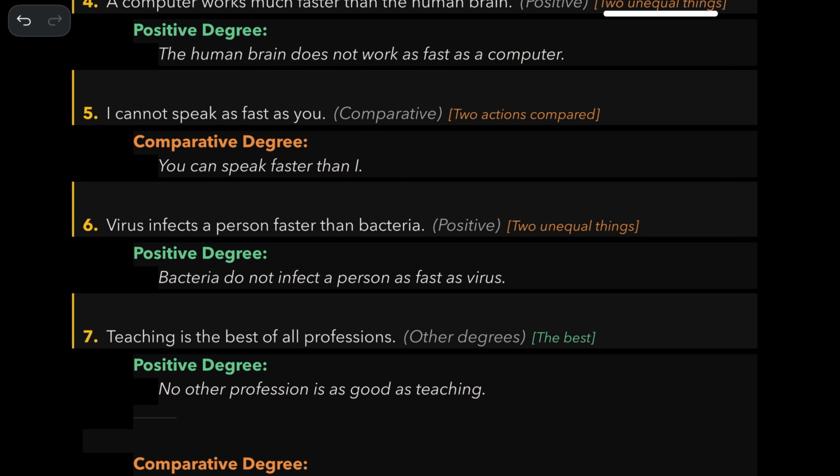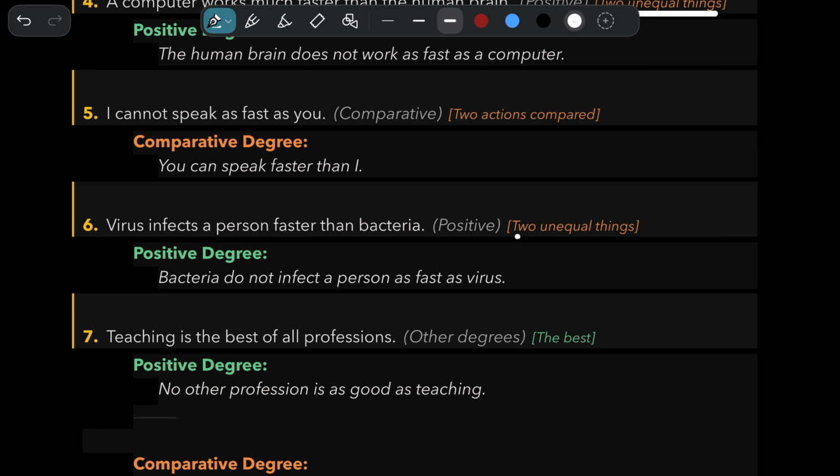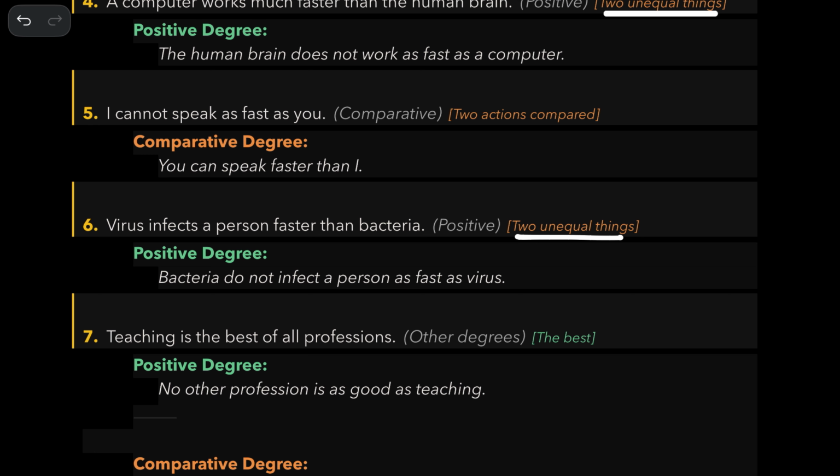Virus infects a person faster than bacteria. So here also the actions are compared, not things. That also needs to be corrected. Now you see here, positive degree, because it is already in the comparative form faster, you need to use fast.